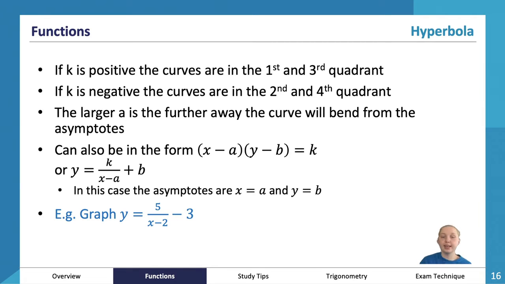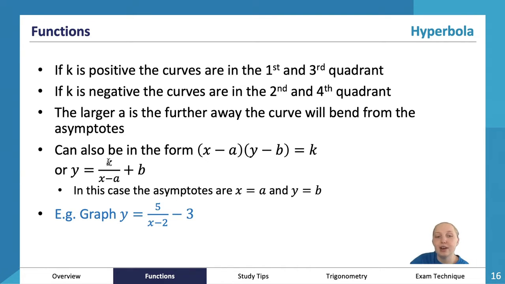Similar to moving any other graph, if we have x minus a, this is moving our graph left and right, and then the plus b is moving it up or down, depending on the values for a and b. So the bigger a is, the further away the curve is bending from the asymptotes.